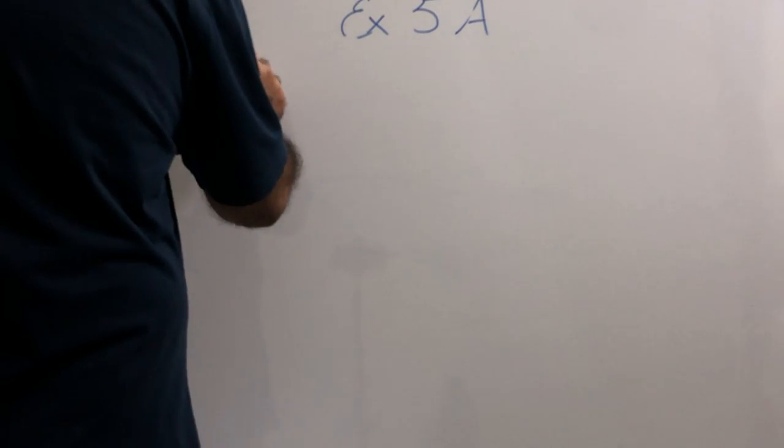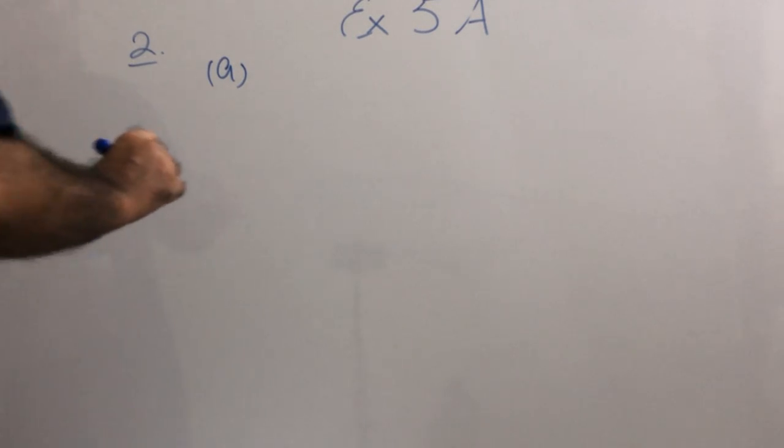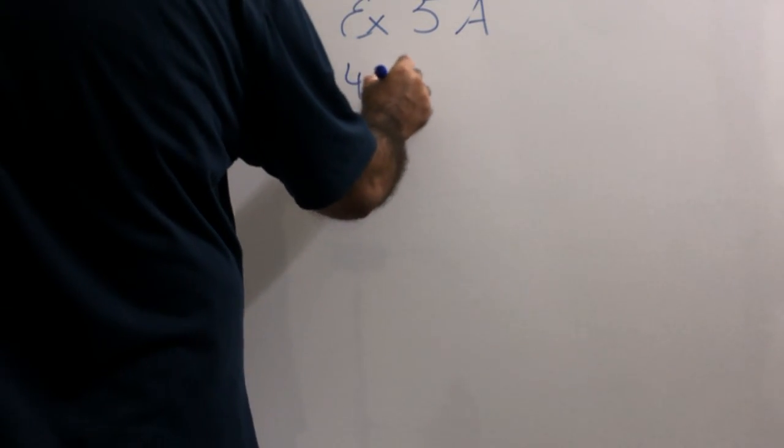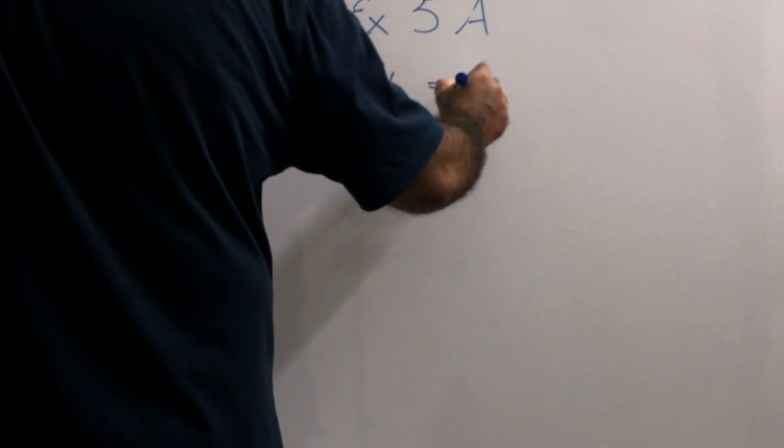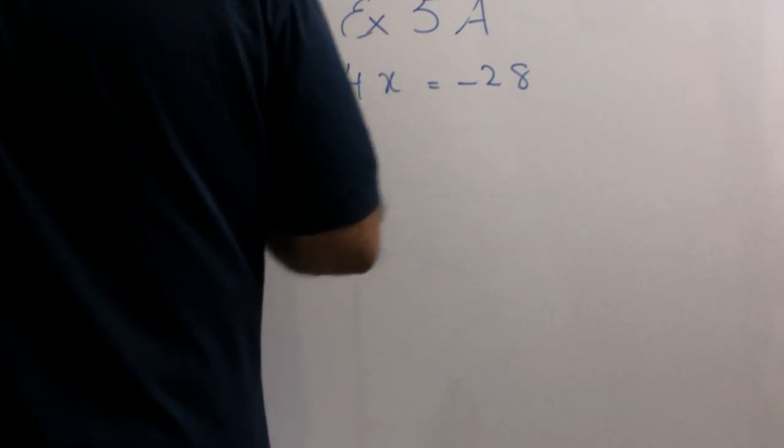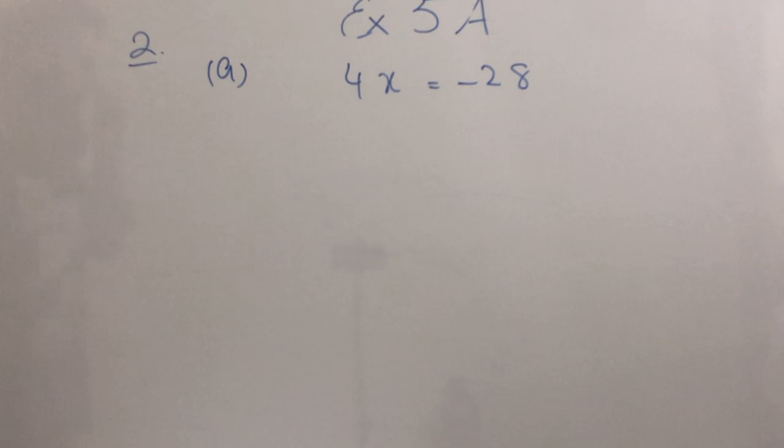For part A, the given equation is 4x is equal to minus 28. There can be several ways to teach these questions, but I am trying here the simplest way that easily makes sense for you, that you can easily understand.